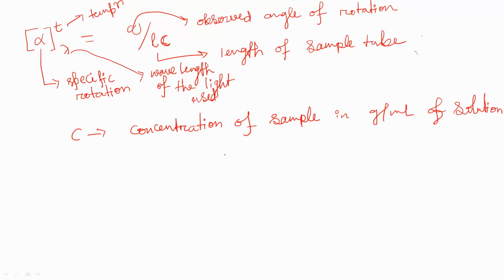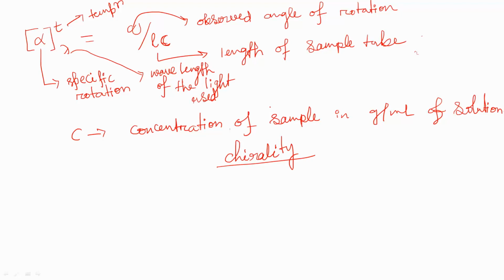Now we'll discuss chirality. The word chiral is used for those objects which have right-handed and left-handed forms. That is, the molecule has handedness, and the general property of handedness is termed chirality.